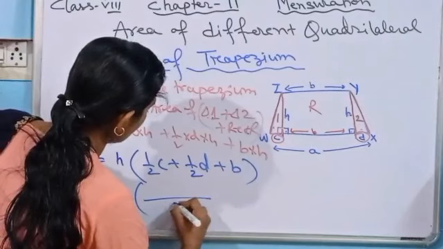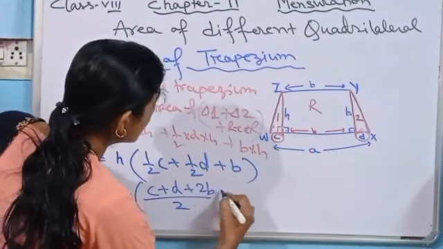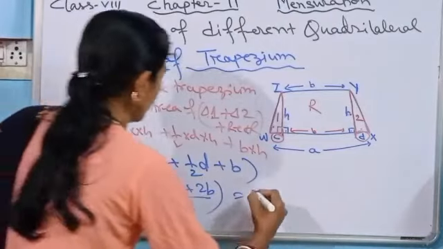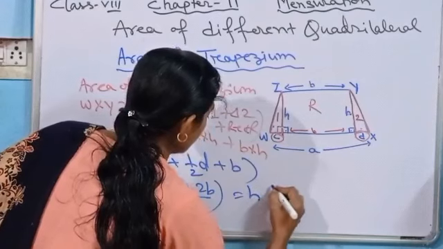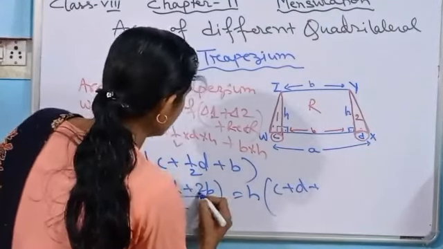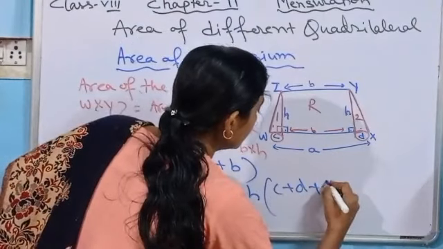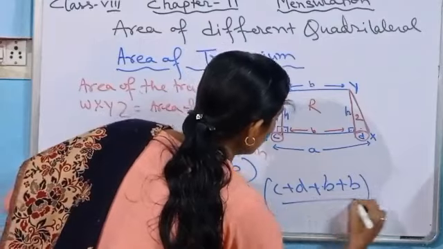What we will get? It is H by 2 into C plus D plus 2B. So if I am expanding this one, that part is C plus D, and this 2B means I can write B plus B.